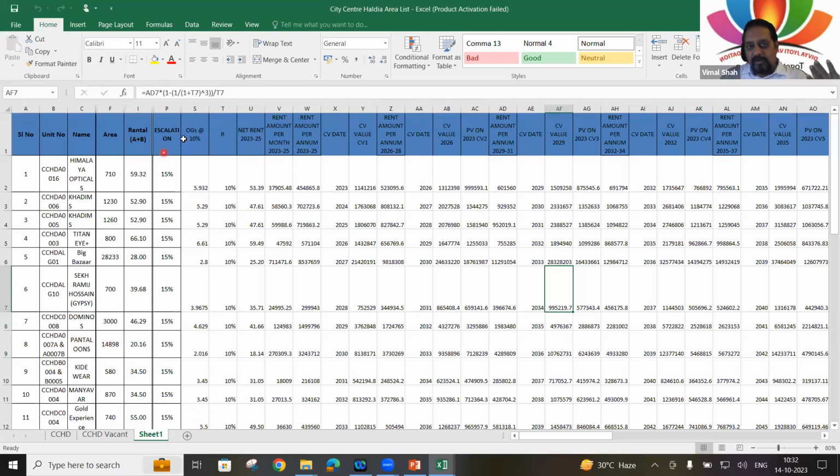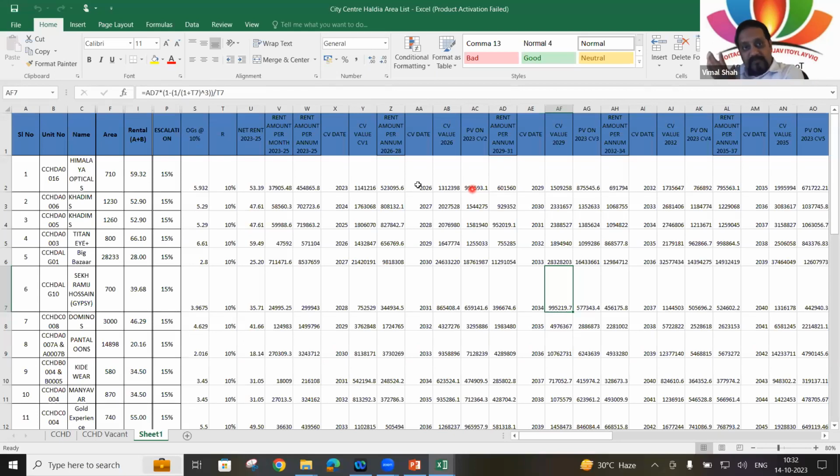He had also given the outgoings we had to consider. So for every 3-year rental period, I found out the CV, and then I brought that CV to the present value using the YP single rate. I did that for every three-year interval.